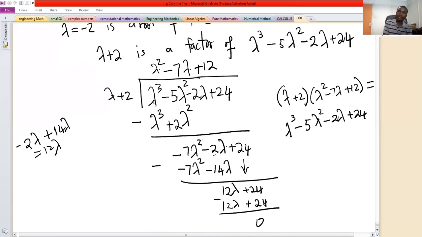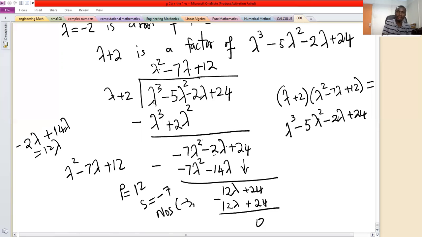So let's factorize this. Lambda squared minus 7 lambda plus 12. This is a quadratic expression. Product is 12, sum is minus 7, and the numbers should be minus 3 and minus 4.